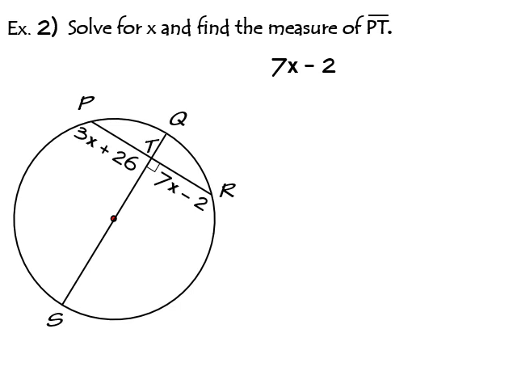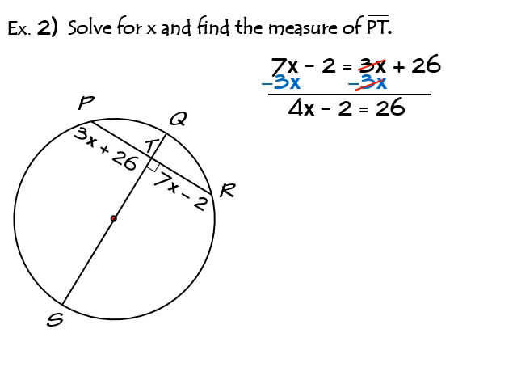7x minus 2 is equal to 3x plus 26. Now, I'm going to subtract 3x from both sides, cancel it out, and let's take a look at it. 7x minus 3x, that gives you 4x.